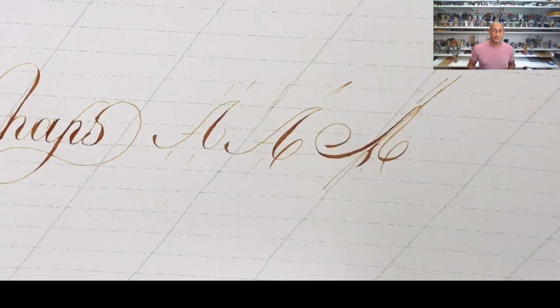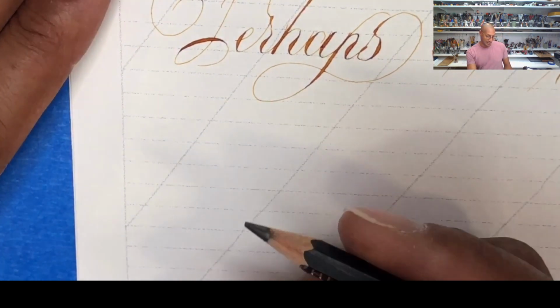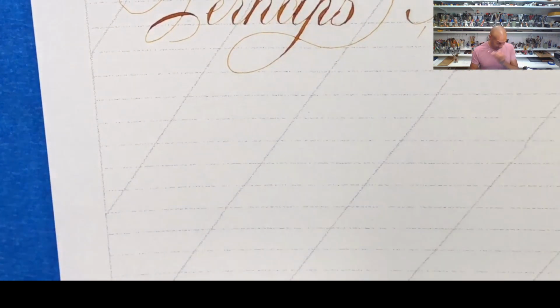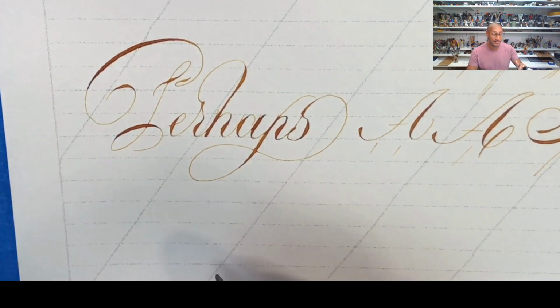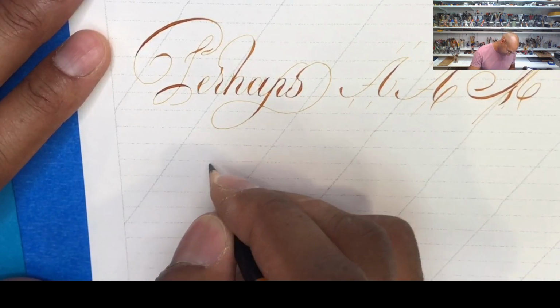So when I'm practicing these letters with a pencil, I tend to use a 6B pencil. So let's keep that there so you can see what that looks like, and I will rewrite this word.